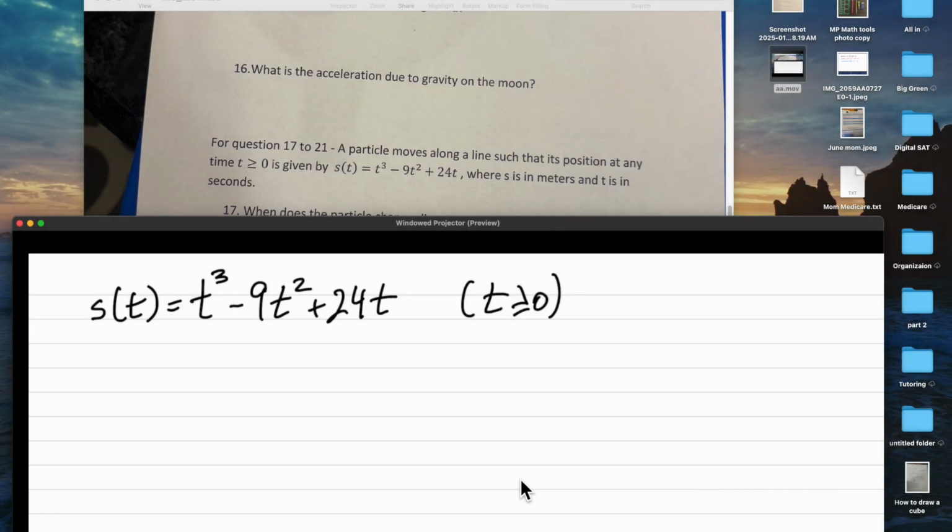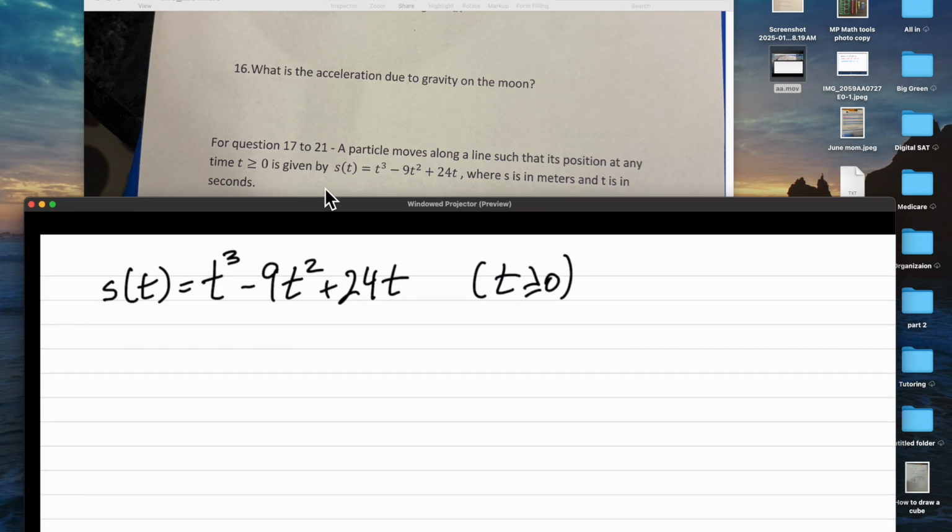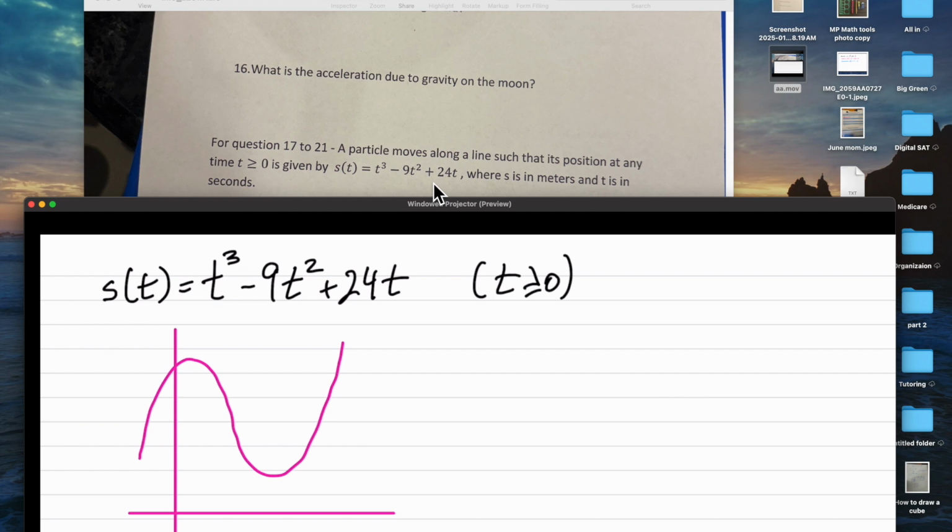In this next problem, we are given the equation that follows a particle along a line at any position where time is greater than or equal to 0. So folks, if we look at this function, again, this is the position function, we see it's a polynomial. So our graph is going to do something like this. I don't know what this graph looks like, but let's just say it does something like that.